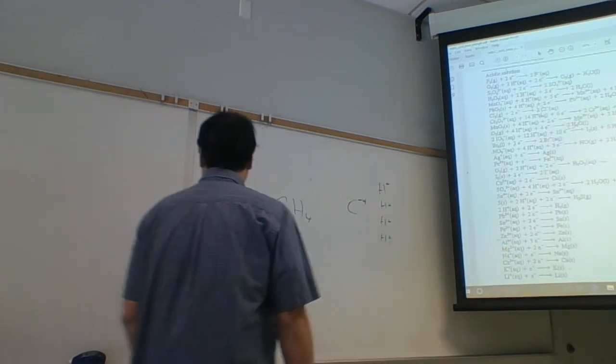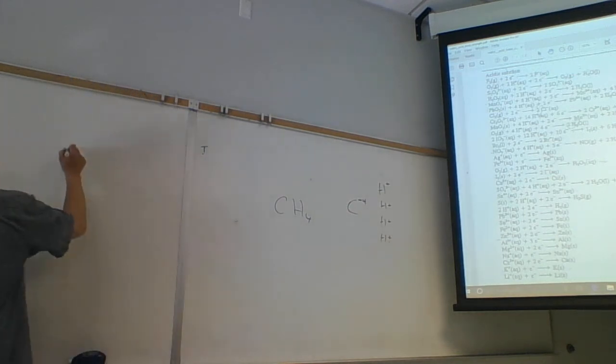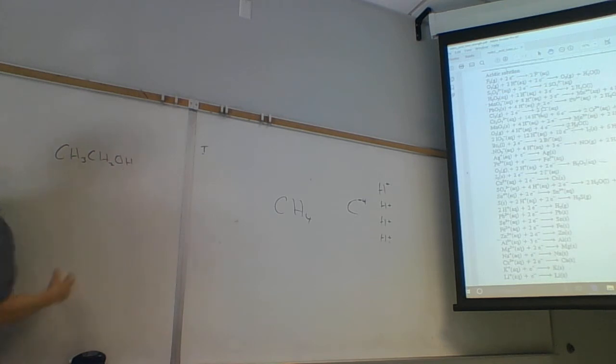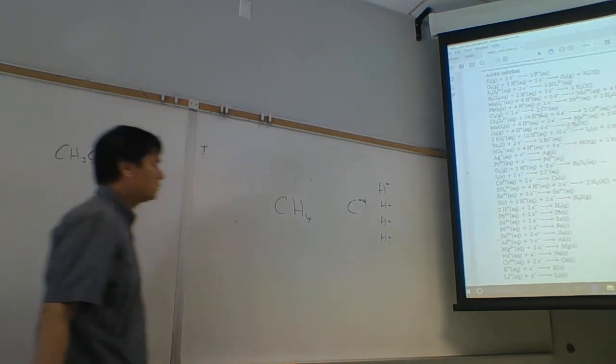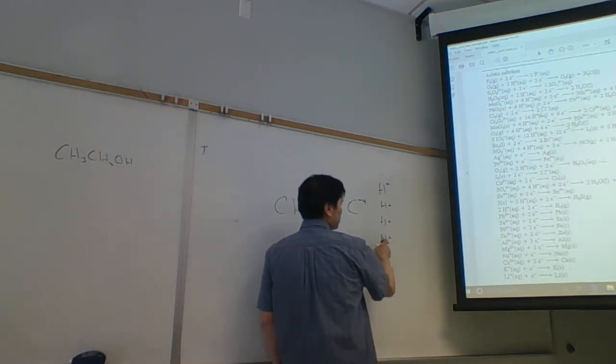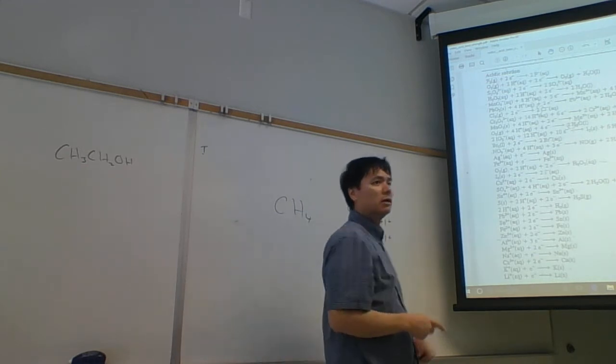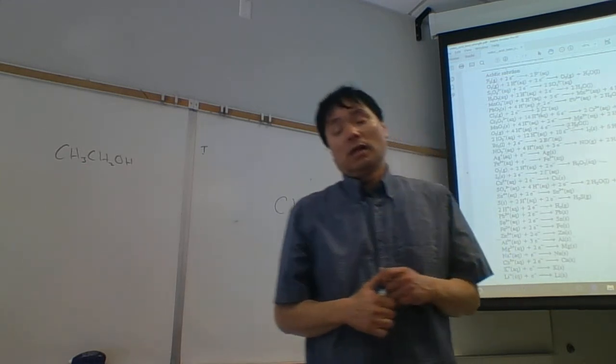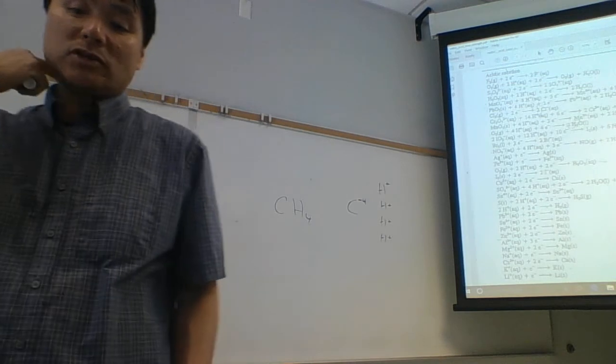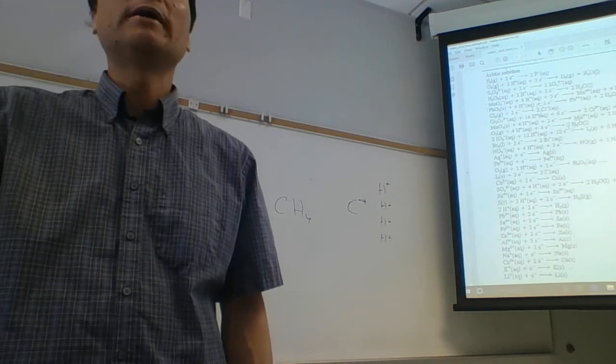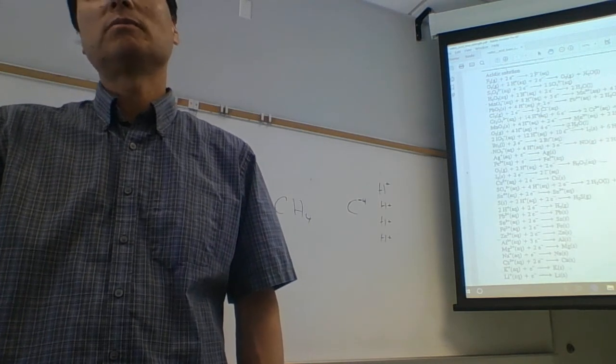Here, ethanol, CH3CH2OH. Is this electron rich or electron poor? Well, you might think maybe it's an oxidizer because if you look at H, it's plus. H with a positive charge, that must be electron poor. But we have to put it in context. We've seen H with a positive charge before.